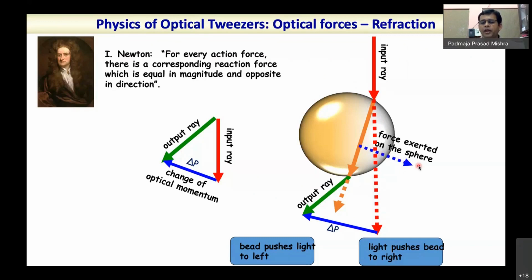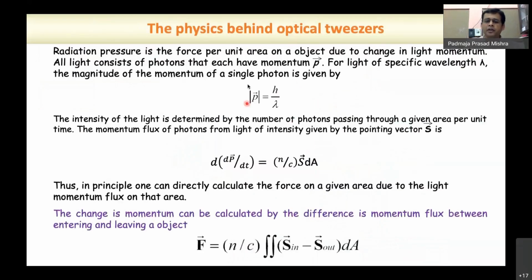Because light is putting a force in this direction, there is a possibility that the bead will move. We can calculate the force gained from the change in the momentum, which depends upon the intensity flux vector S and the area of the light that is coming.